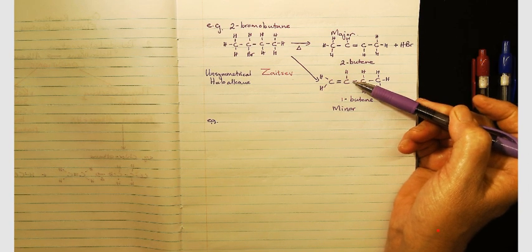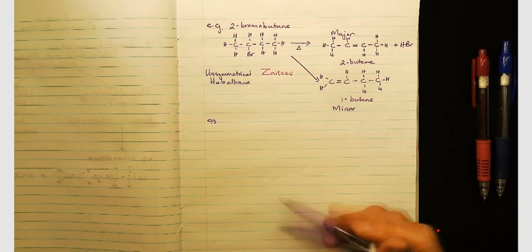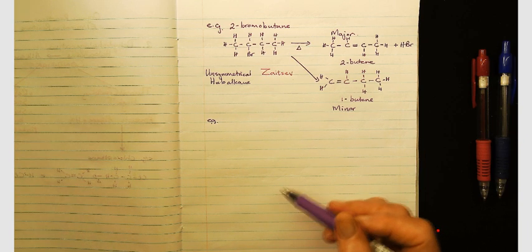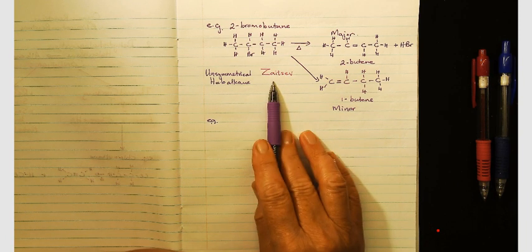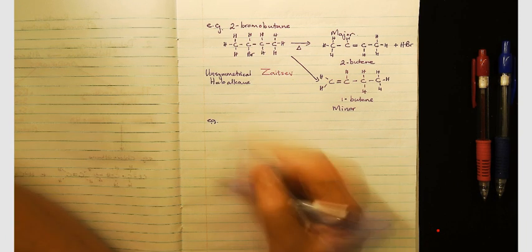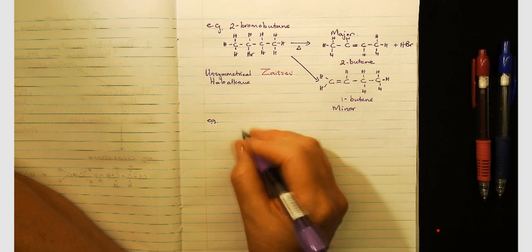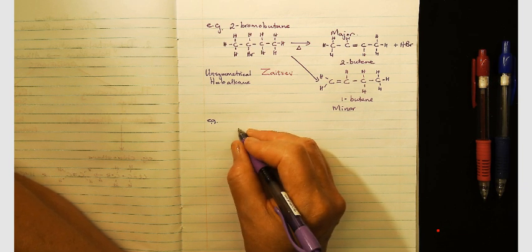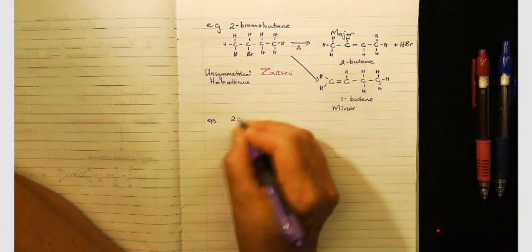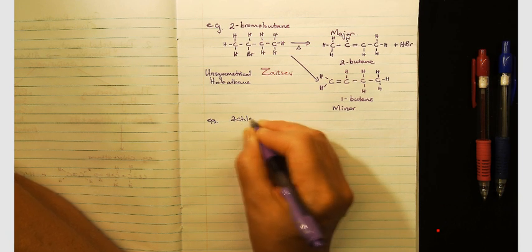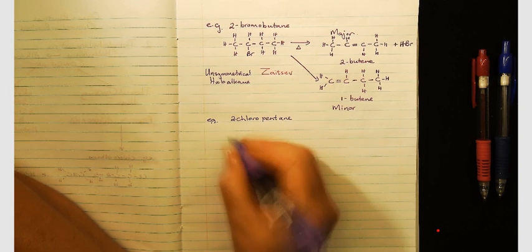That is the only one where we use Zaitsev's rule. Let's look at another one. Let's look at 2-chloropentane. It will be a similar situation.